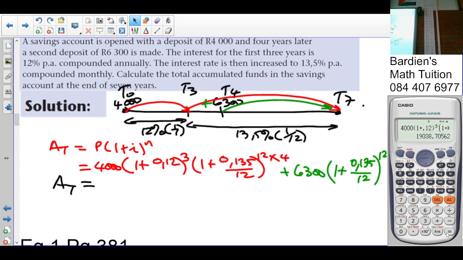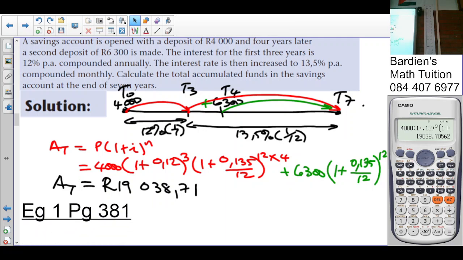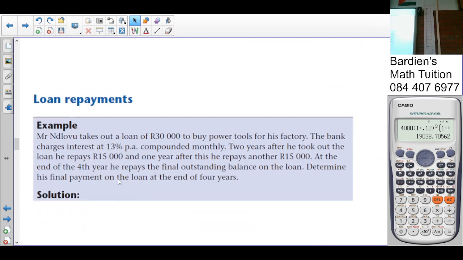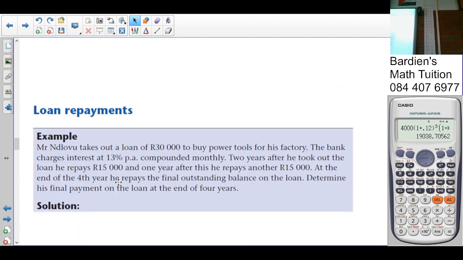I get 19,038 Rand and 71 cents. Is that correct? Yeah. Okay. Any confusion here? No? So with that you should be able to do exercise 11.6.